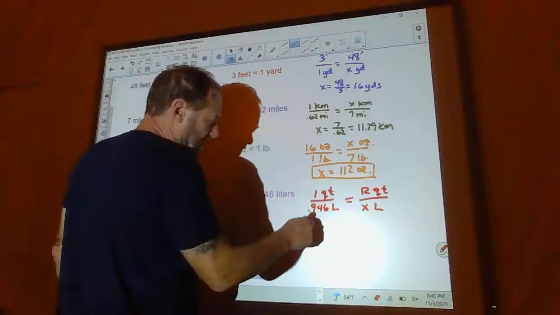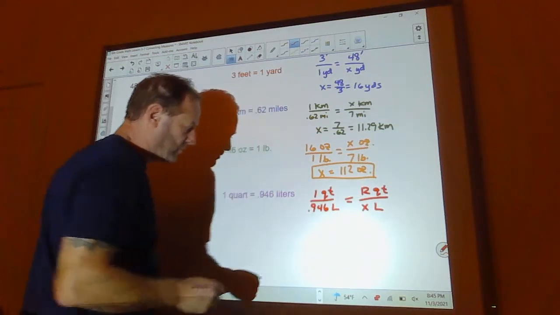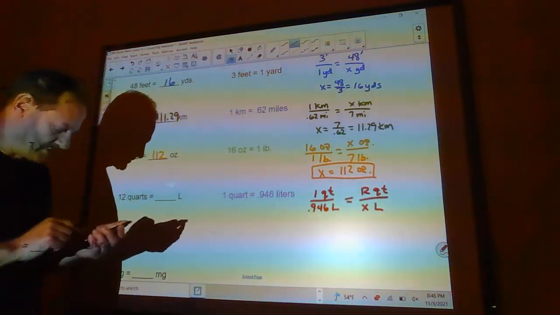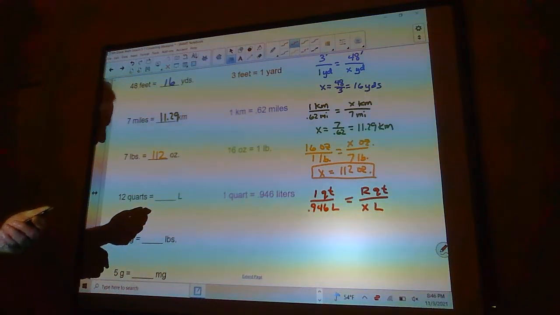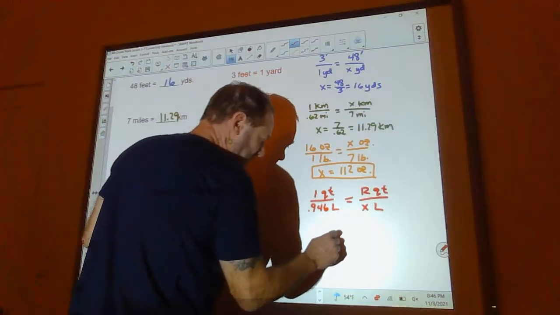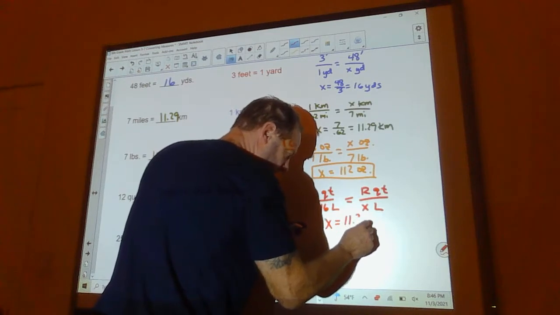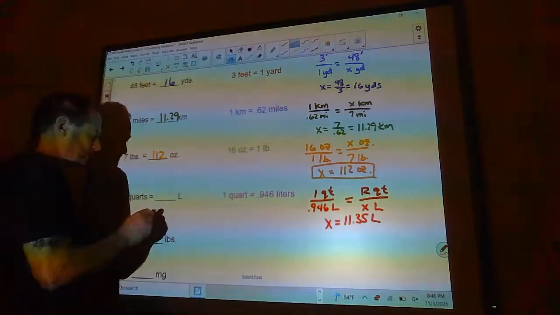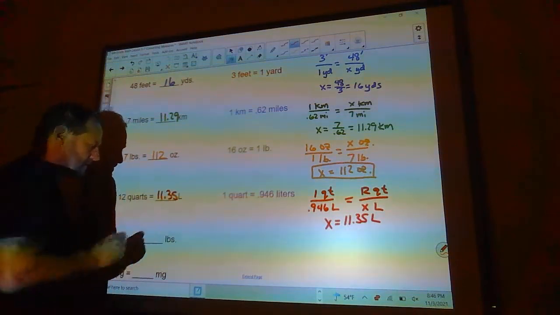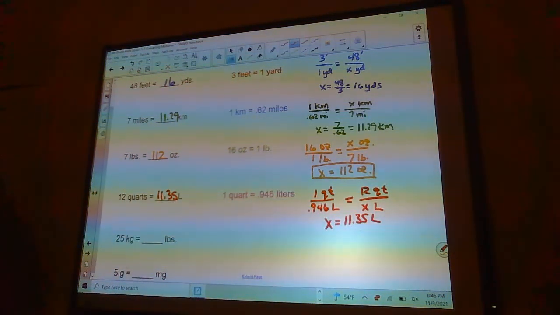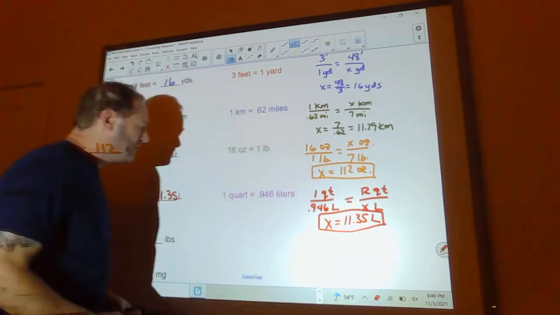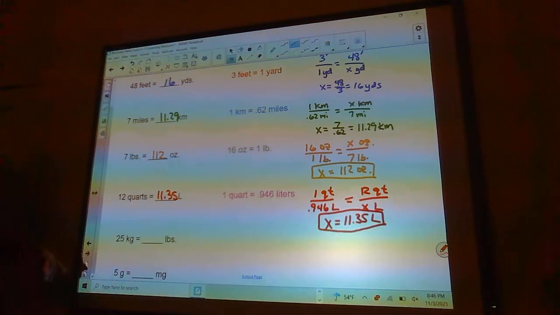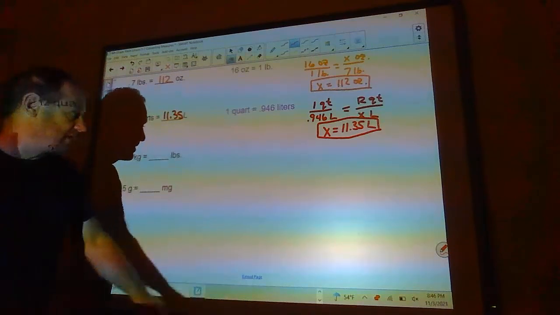So this is going to be, the two diagonal ones are 12 times 0.946. So 12 times 0.946 is 11.35, divided by 1 is just going to be 11.35. And so we've got that one down. Pretty much all these are the same. The only hard part is, you got to know the conversion factor, and that can be kind of tricky sometimes.